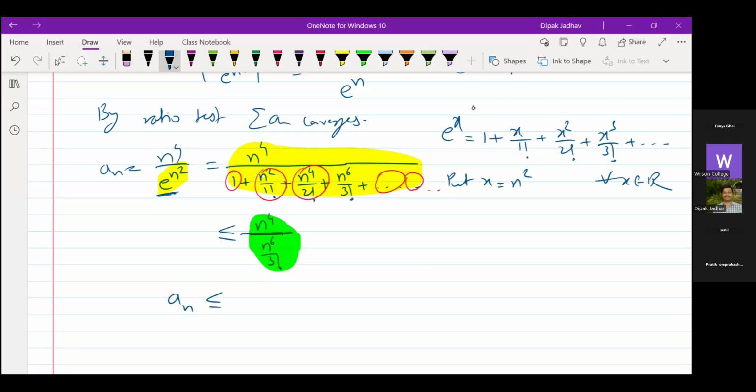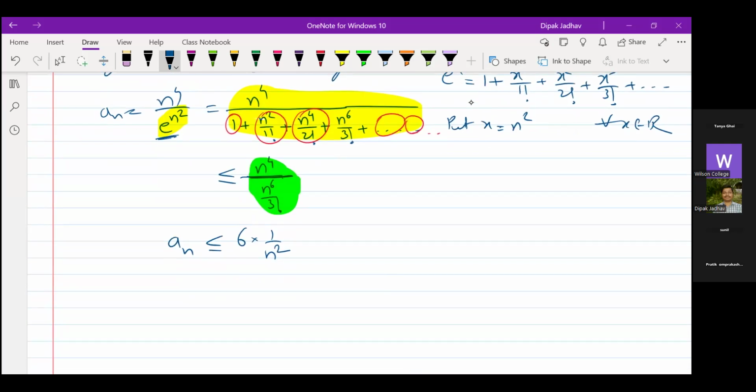So an will be less than or equal to, let me simplify this, 6 into 1 upon n squared. Very simple. And we know this converges, being a P series, obviously by the P series test.